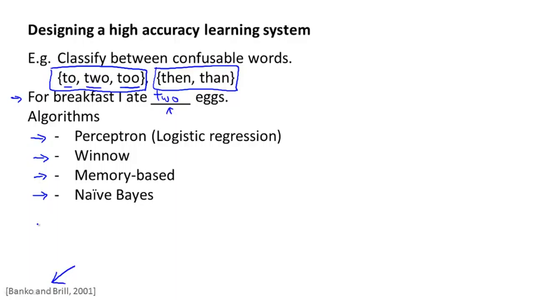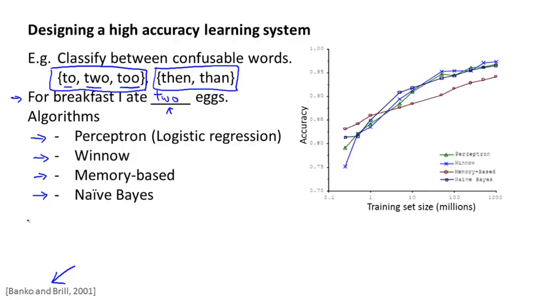But what they did was they varied the training set size and tried out these learning algorithms on a range of training set sizes, and that's the result they got. And the trends are very clear, right? First, most of these algorithms give remarkably similar performance. And second, as the training set size increases, on the horizontal axis is the training set size in millions, as you go from 100,000 up to 1,000 million, that is a billion training examples, the performance of the algorithms all pretty much monotonically increase.